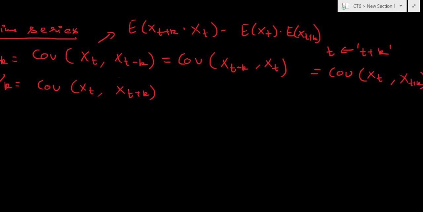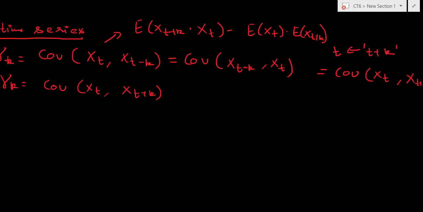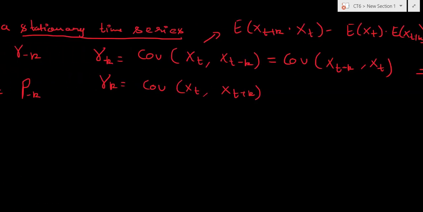So these two things are just the same, so I can change the order of these two, and it does not matter. So gamma minus k is the same as gamma k. It just depends on the lag, and the lag can be on the right hand side or the left hand side.